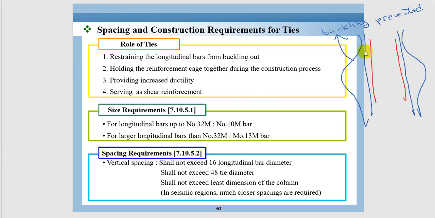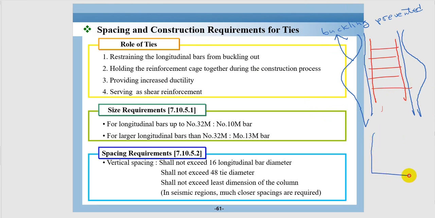So this is a column, and inside the column we have vertical bars, the longitudinal bars. The buckling is prevented when you have proper hoops, something like this. If you see it from the top, it will be something like this.